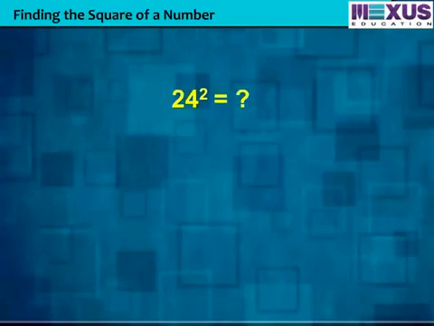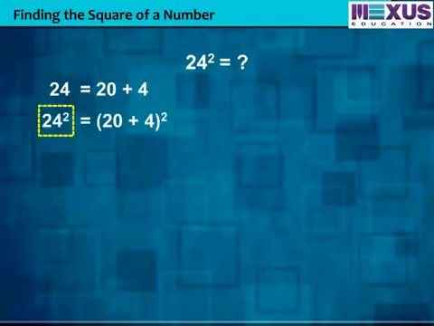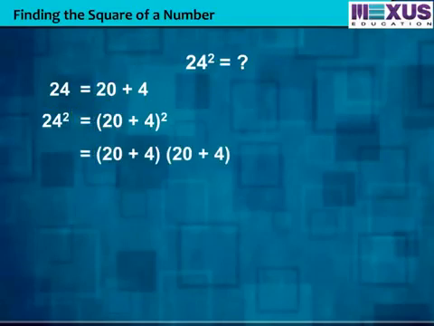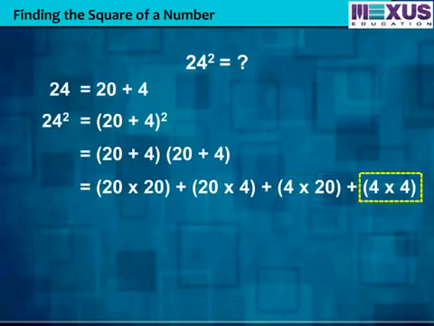Let's find out the square of 24. You can find it by expanding 24 as 20 plus 4. So the square of 24 will be 20 plus 4 whole square. Expanding it, we get the sum of 20 into 20 plus 20 into 4 plus 4 into 20 plus 4 into 4.